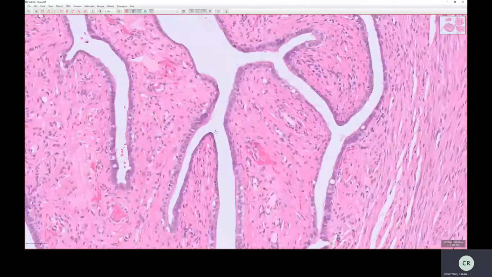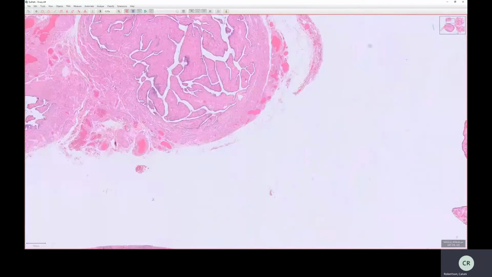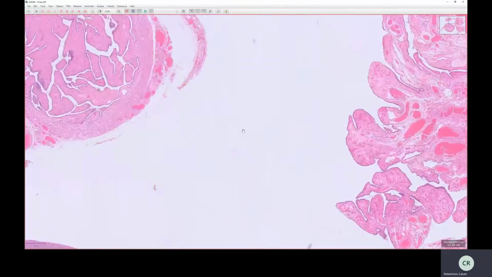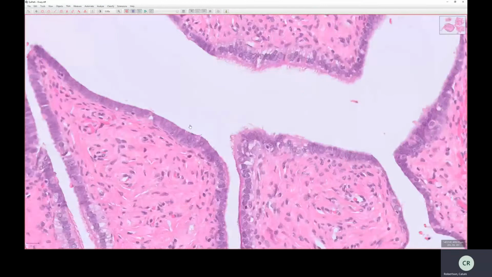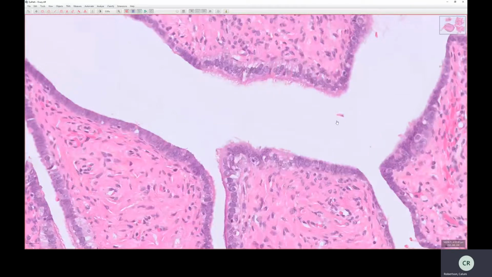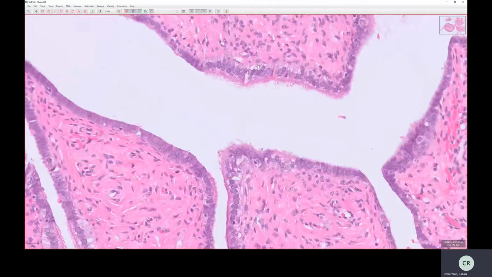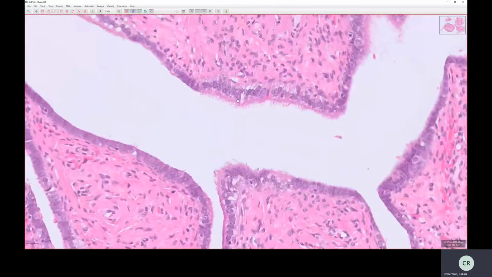Now, the tube is also lined by the same epithelium that lines the fimbrial end. It's simple columnar epithelium, and specifically pseudostratified columnar epithelium, because it looks like the cells are heaped up on top of each other and maybe stratified, but they're not. All of these cells connect with the basement membrane, so it's pseudostratified, not true stratified epithelium.